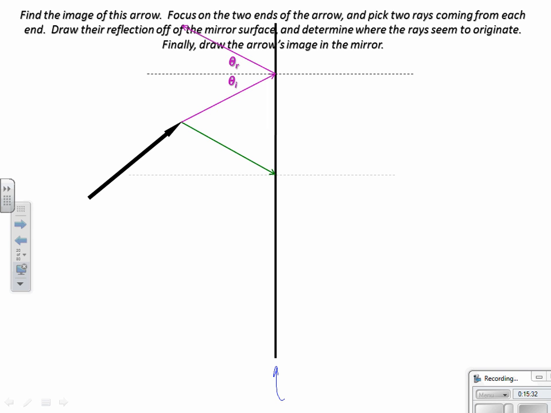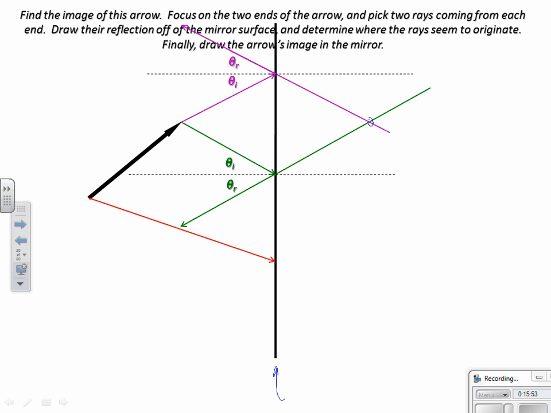Hits the mirror there. Well, at what angle? Well, it's going to reflect at the same angle, all right? And we can say that, well, the image of that tip is formed where those rays seem to have originated. It's formed over here.